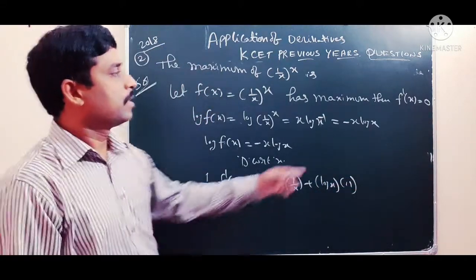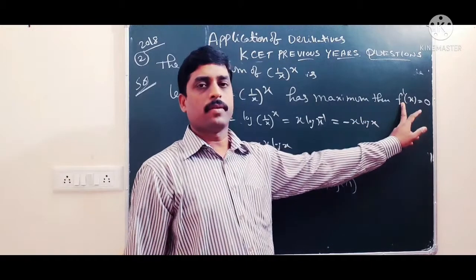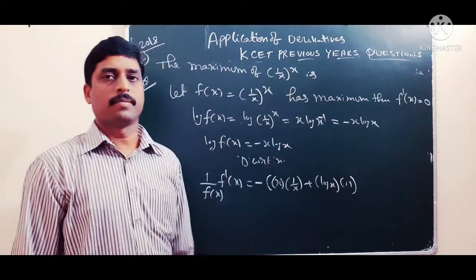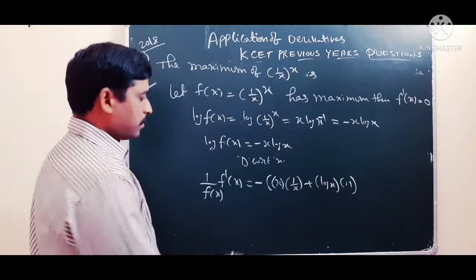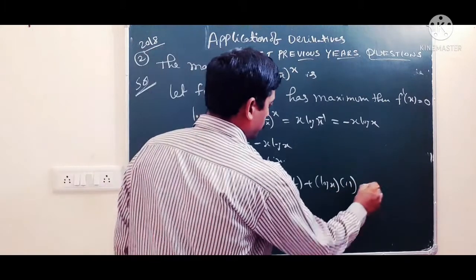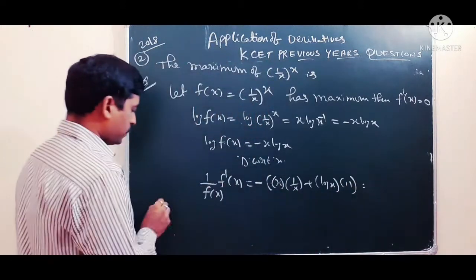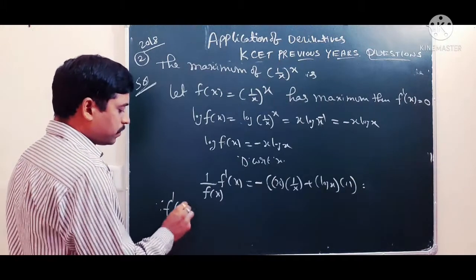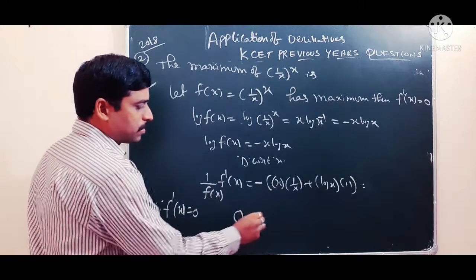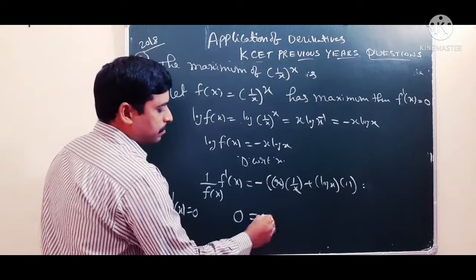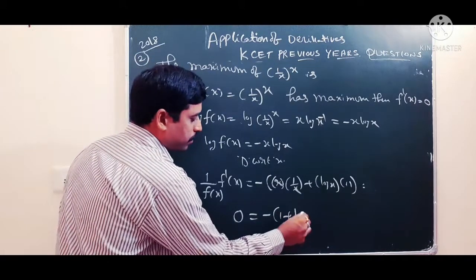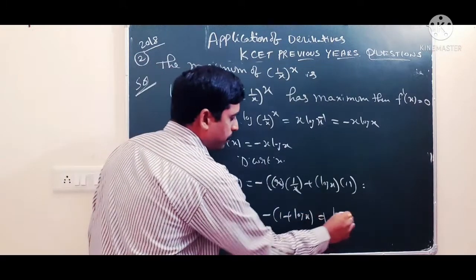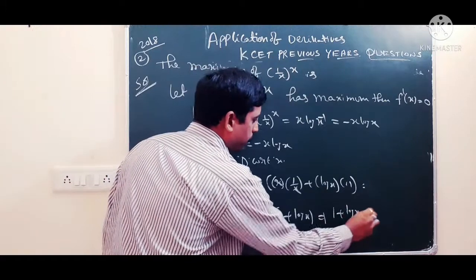What is the formula? If f dash x equals 0, then f of x has a maximum value. Since f dash x is equal to 0, so 0 is equal to minus of 1 plus log x. This will be 1 plus log x is equal to 0.